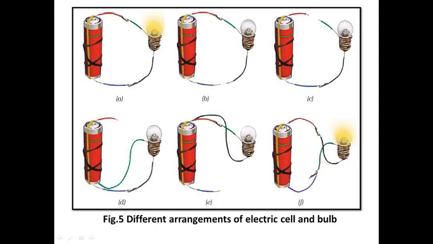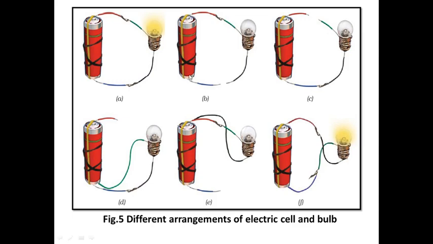Here you can see this wire is here, one end of the bulb to one end of the cell. So maybe you have observed in the images that in A and in F the bulb is glowing. So what can you conclude from these arrangements, or what have you learned from these arrangements?